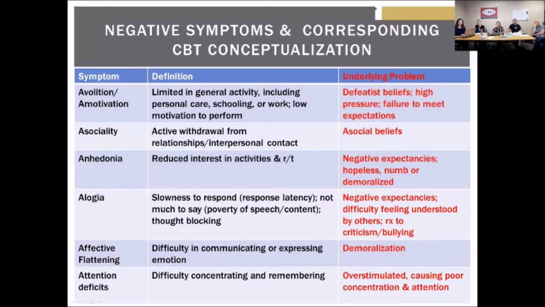And then the other piece to the cognitive conceptualization of negative symptoms that I think is important to know in its own right, and perhaps also to be factored into psychoeducation with families, is to talk about this idea that a positive psychotic episode is a neurological assault.